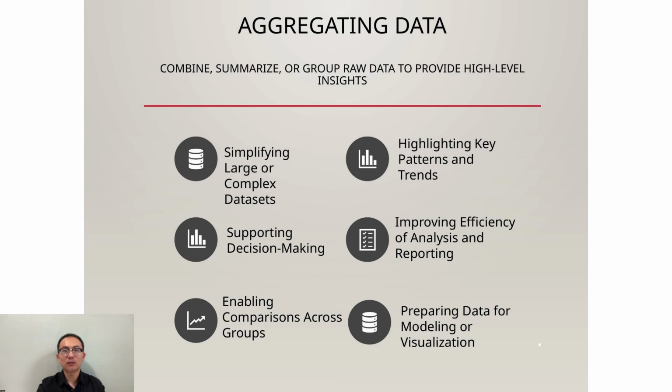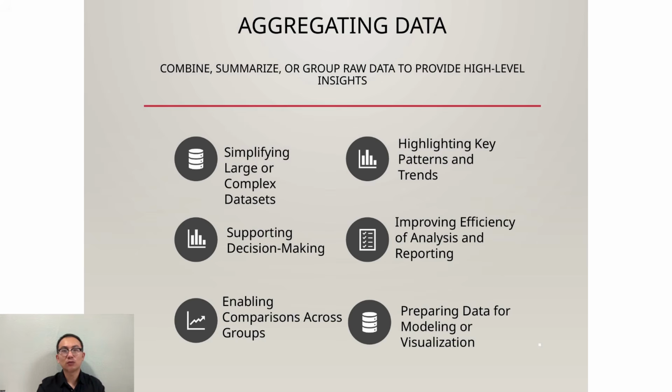But if you sum up total monthly sales per customer, you can quickly understand spending behavior without getting lost in the details. Aggregation also helps uncover trends that might be hidden in the raw data, like if you group daily website visits into weekly or monthly totals, it becomes easier to see long-term growth or seasonal spikes.